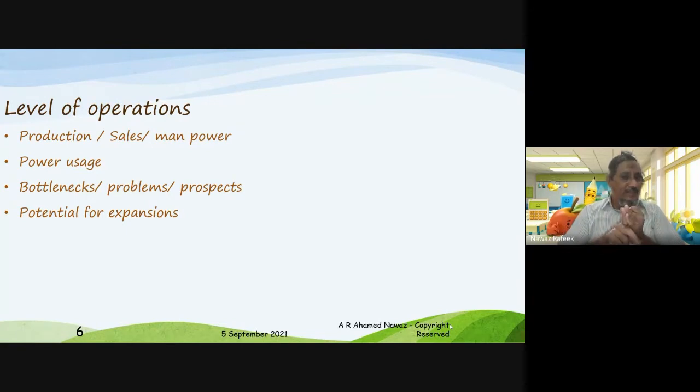Trading organizations: sales. Sales is important. Sales is our basis of recovery. Sales minus expenditure is the surplus cash flow that will be used to pay the loan. So sales is very important.